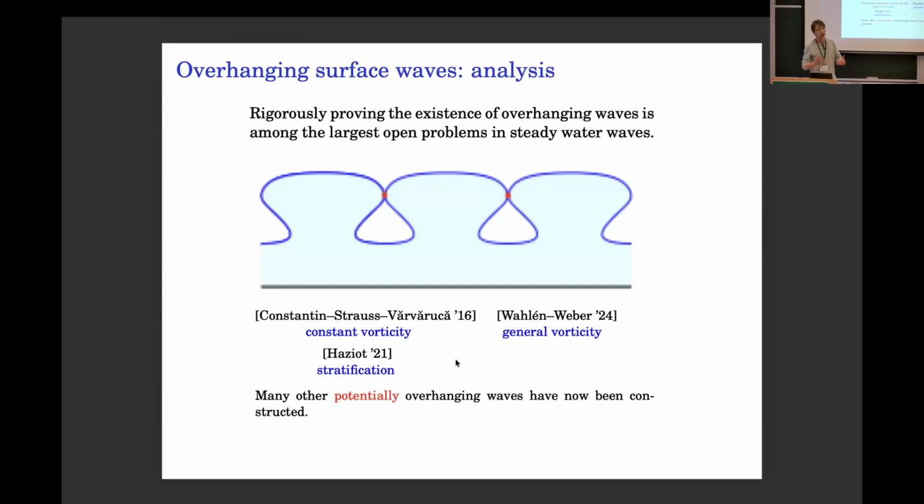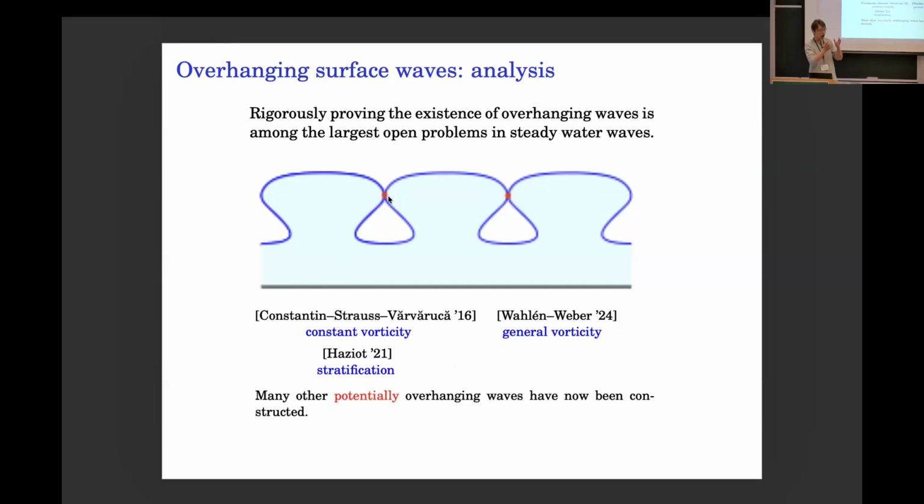But the results are more or less similar, by which I mean that they're using global bifurcation, and they prove that at the end of the bifurcation curve, overhanging or overturning is one of the alternatives. The other alternatives are corner singularity, or touching, like you see in here.